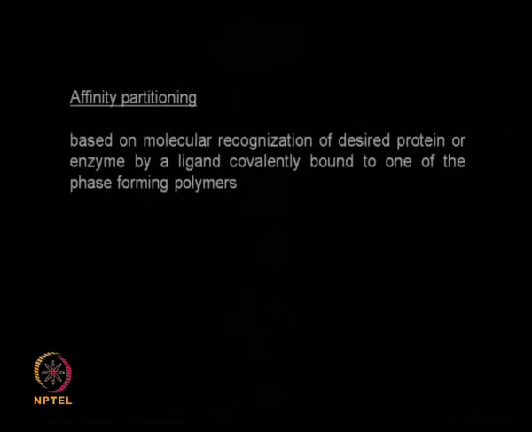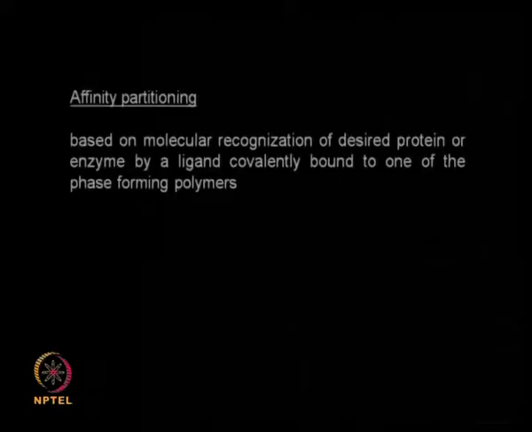Affinity partition is based on molecular recognition. It is like affinity chromatography. We will talk about chromatography later. So you have a ligand which has an affinity for a protein. As you know, a ligand protein interaction is very selective. So if I have a ligand which is going to bind to a protein very selectively, then I will be able to extract only that protein from a mixture of large number of proteins.